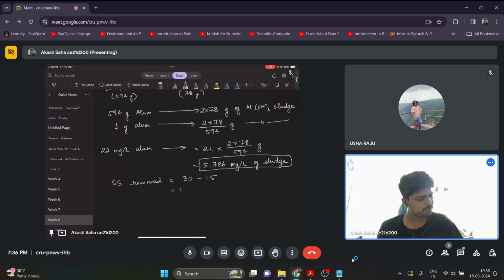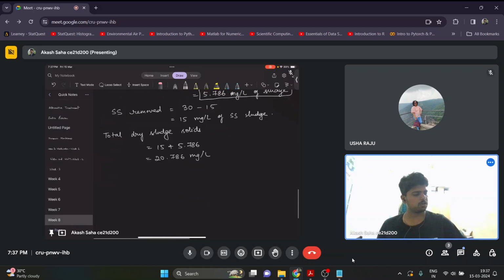So totally 15 milligram per liter of suspended solids is also removed. So suspended solid sludge will also be removed. So my total dry sludge solids will be 15 plus 5.786, that is 20.786 milligram per liter.